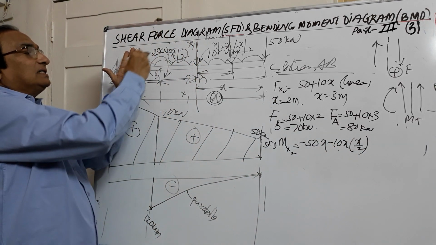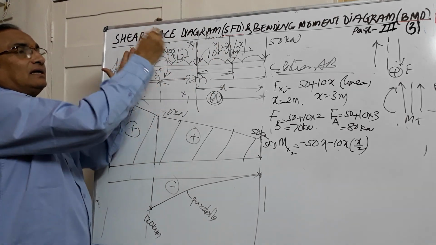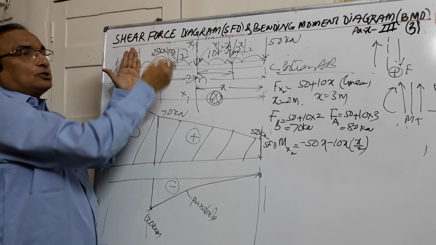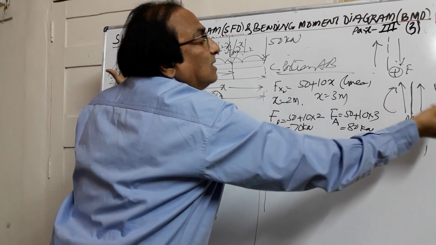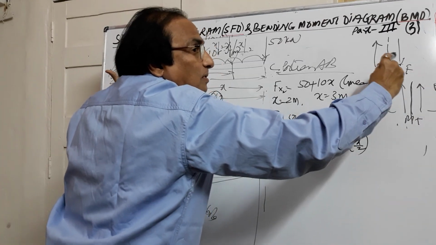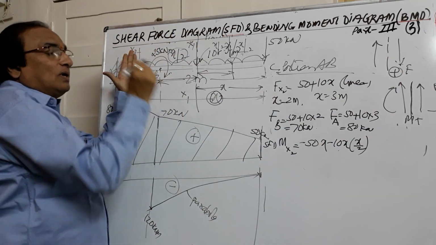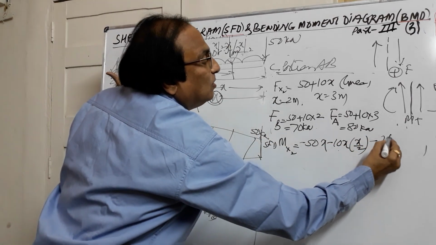Now this moment is acting on the right hand side of the section, and how it is acting? It is acting clockwise. We will check whether it is positive or negative. When I see to the section here in the moment, on the right hand side, if it is anti-clockwise means it is positive. But what is the moment we are getting here is clockwise. So the moment what we are getting is negative. Just write the value of the moment.